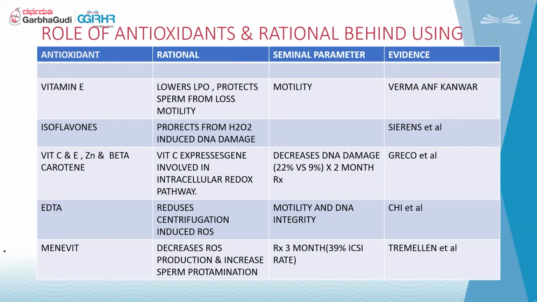Vitamin C expresses genes involved in the intracellular redox pathway. So the self scavenger system, it promotes that, and there is a decrease in the DNA damage. People who were taking it for 2 months, it was studied that the sperm DNA damage lowered from 22% to 9%.